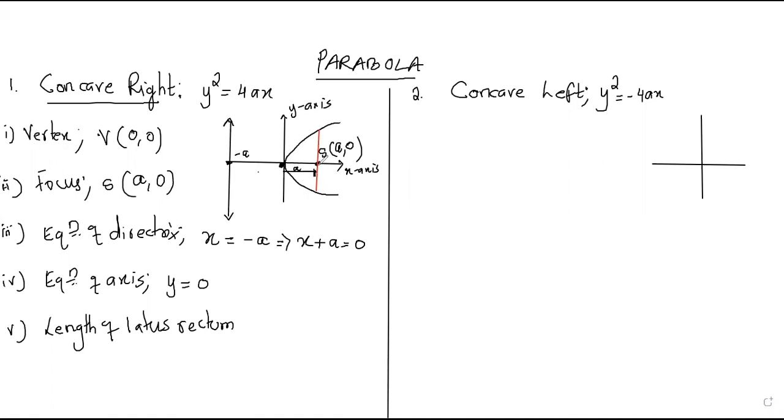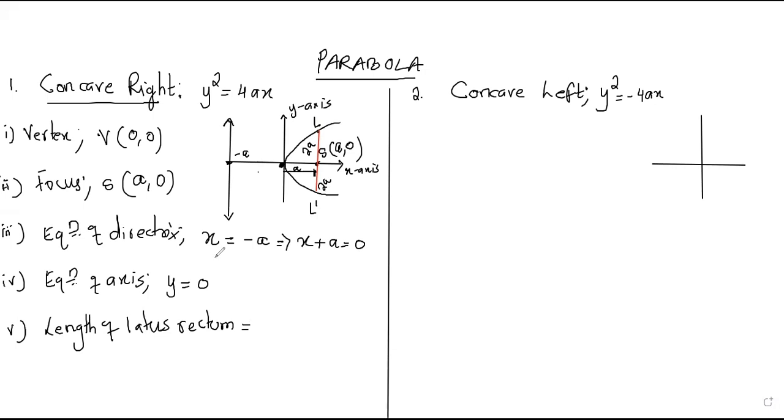From this focus to this point, the distance will be 2a. And similarly, from this focus to this point, the distance is 2a. Let me take these points as L and L dash. So what will be the total length of latus rectum?